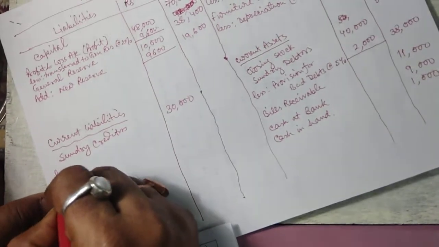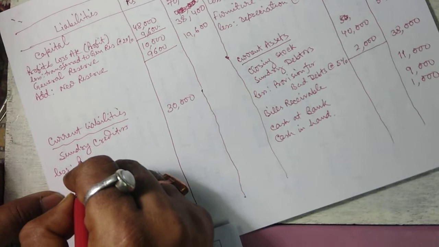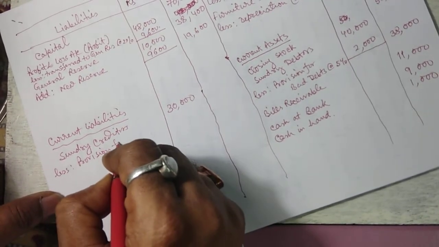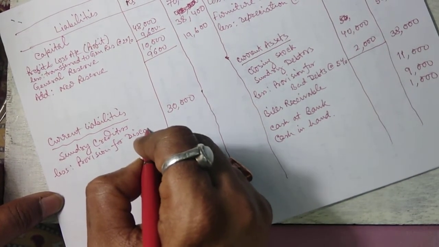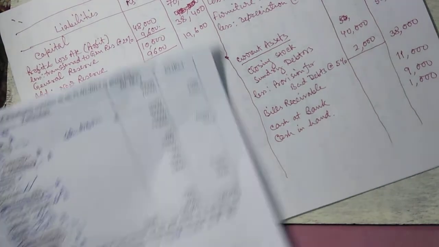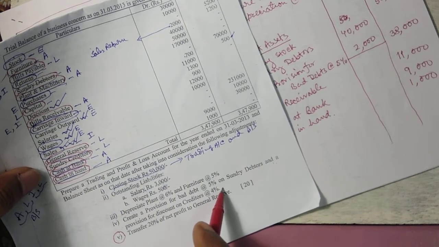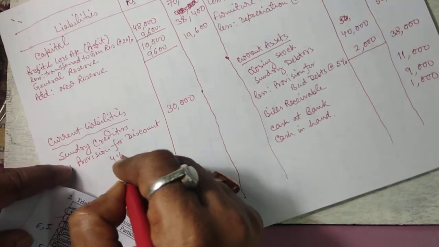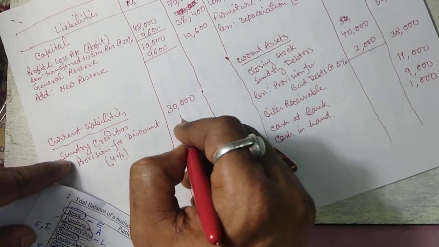30,000 less provision for discount. Provision for discount at the rate 4%, that is 1,200.